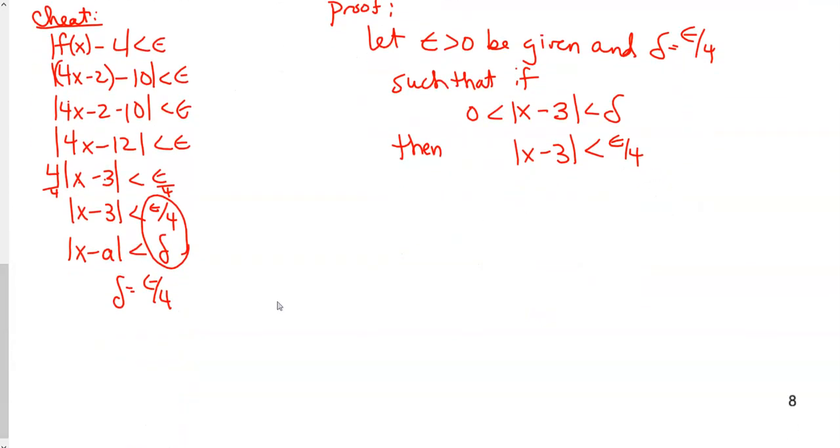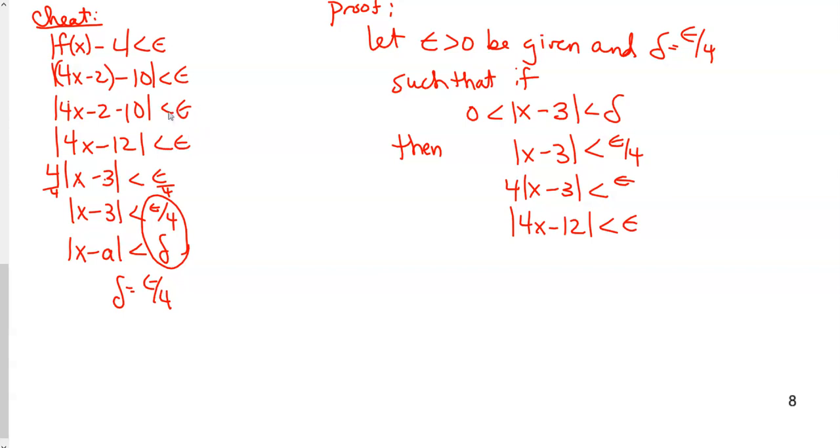We are now basically going to start here and go backwards. So I need to now multiply 4 on this side. So I get 4 times the absolute value of x minus 3 is less than epsilon. Then I'm going to distribute that back in and get the absolute value of 4x minus 12 is less than epsilon. So I'm right here at this step over here in my cheat step.